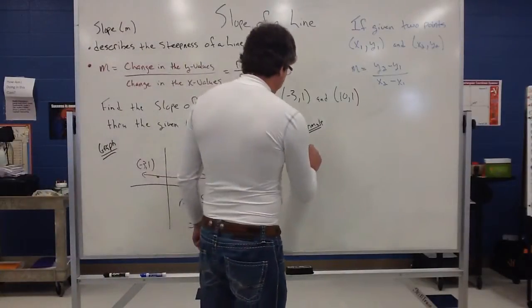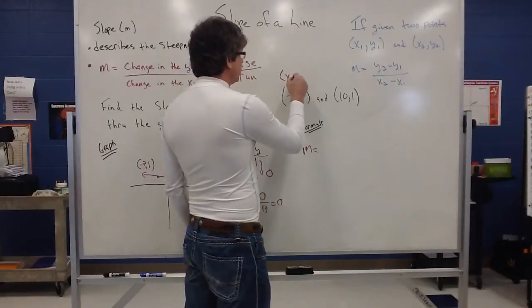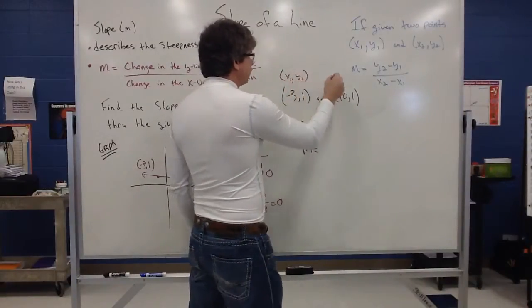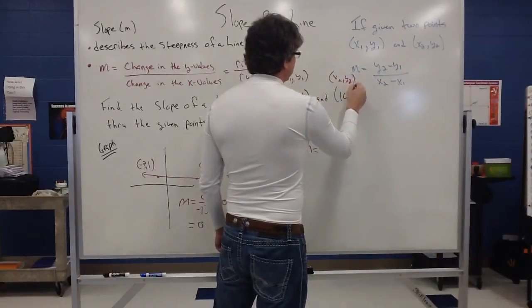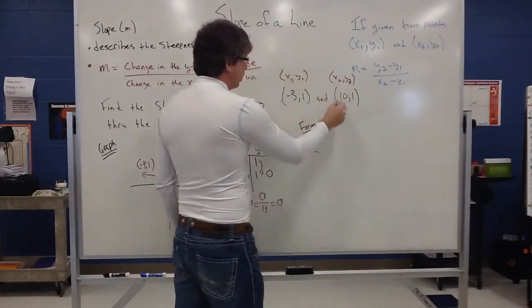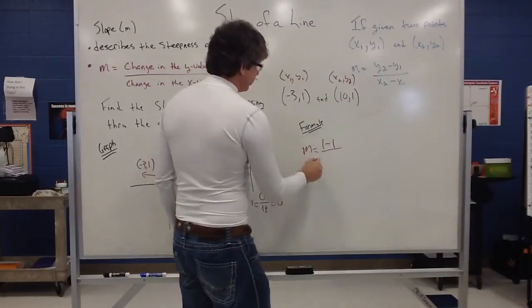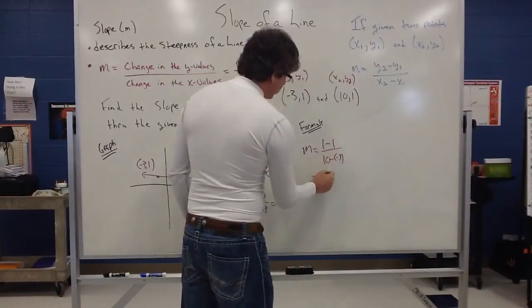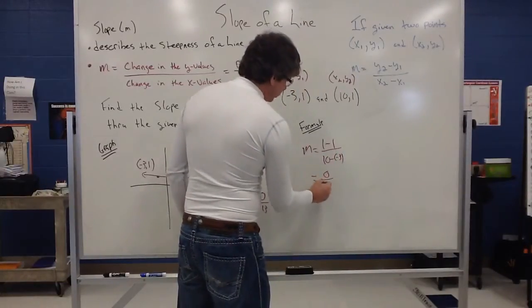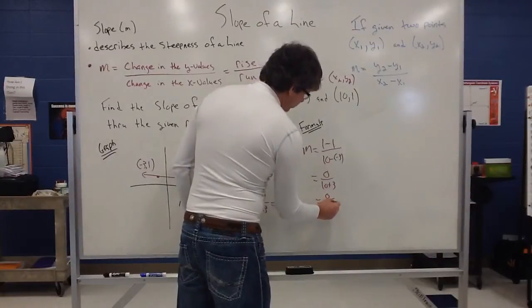If I'm using the formula, I need to identify point 1. So this is going to be my point 1. And this is going to be my point 2. So I have y2 minus y1, so it's going to be 1 minus 1 on the top. And 10 minus a -3 on the bottom. 1 minus 1 is 0. 10 minus -3 is 10 plus 3, which gives me then 0 over 13.